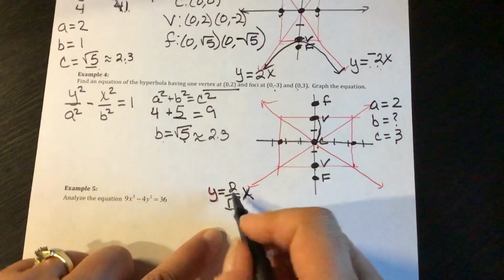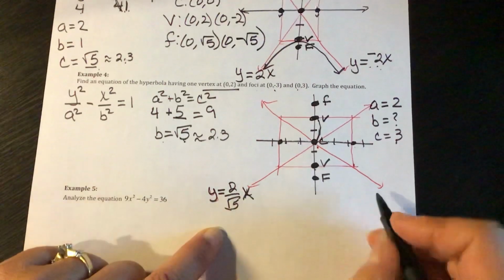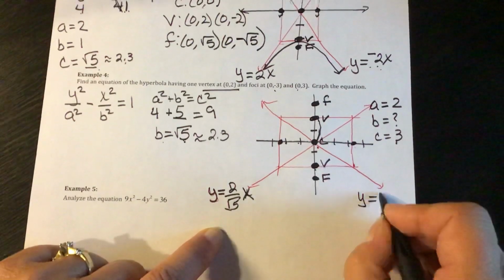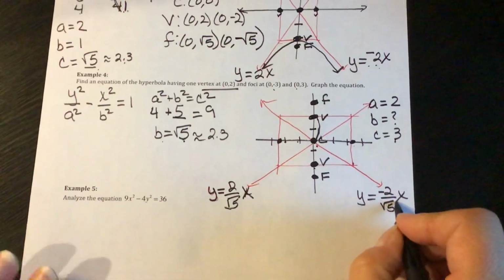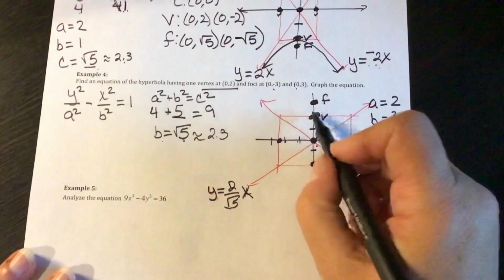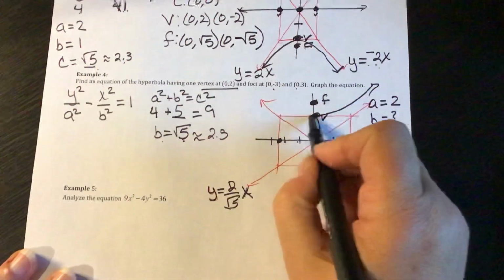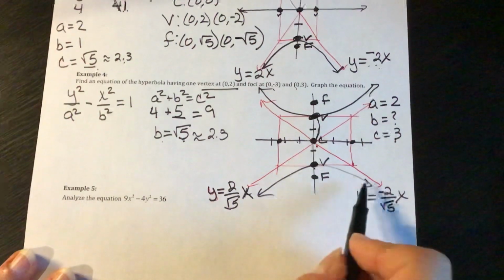Okay, so the slope is 2 over the square root of 5 times x. This one would be negative 2 over the square root of 5 times x. And finally, from my vertex, drawing the curves towards the asymptotes.